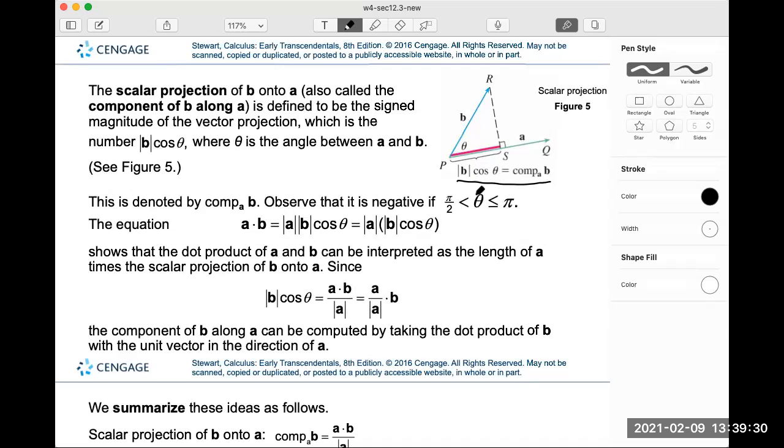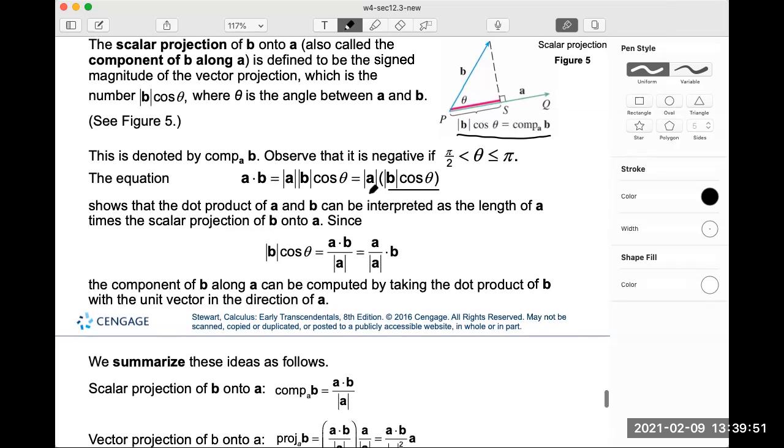Okay, observe that the dot product of vector A and vector B will be the magnitude of A times the magnitude of B times cosine of the angle. And here, this is the scalar projection, right? Therefore, if we divide both sides by the magnitude of A, we have this relation. Do you agree? This equation.